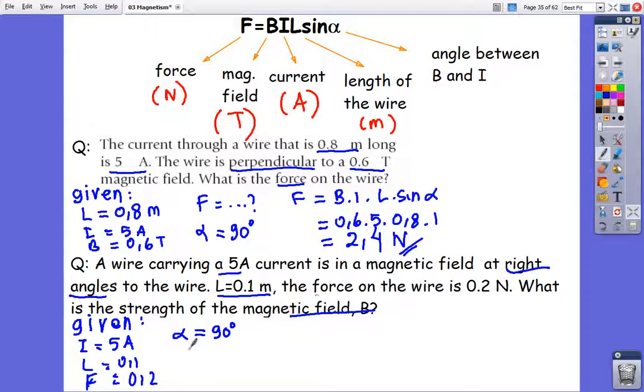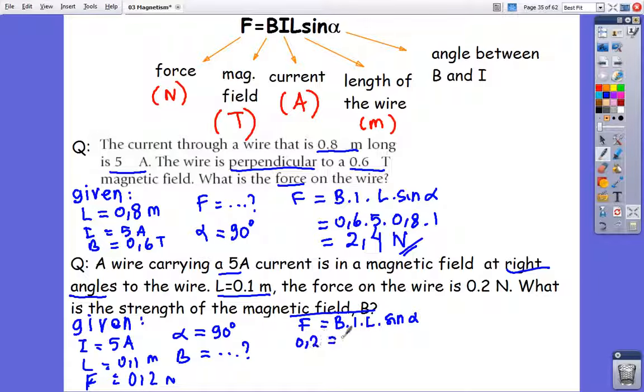Yeah, what is B here? So instead of finding F, we are going to find B. F equals B I L sine alpha. F itself is given, 0.2 Newton.